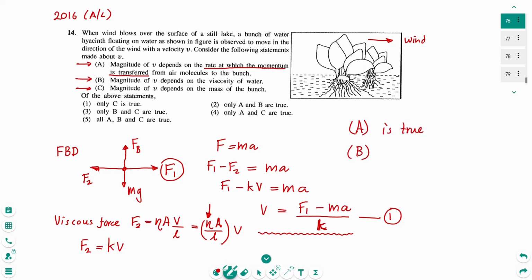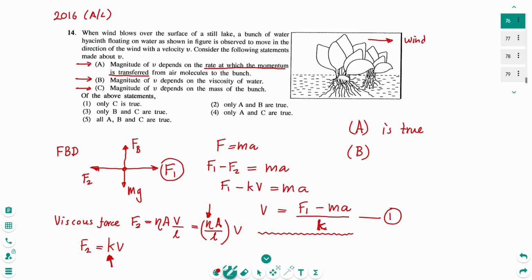Statement B: magnitude of V depends on the viscosity of water. Viscosity of water is eta, and that's inside this K constant. If you look at equation 1, in the denominator you have that K. So yes, velocity depends on viscosity of water.